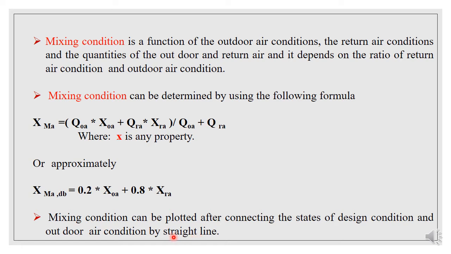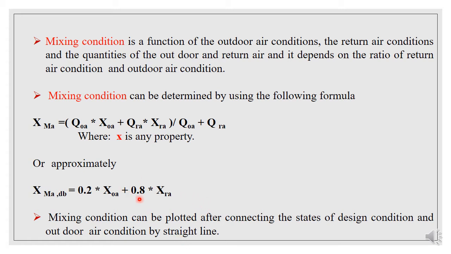And it can be plotted after connecting the states of design condition and outdoor air condition by a straight line. Right, so in the psychrometric chart, you can first plot the two known conditions, which are the room condition and also the outdoor condition, and connect these two points with one straight line.